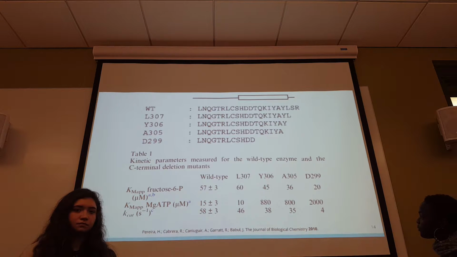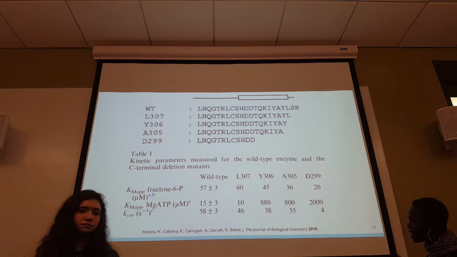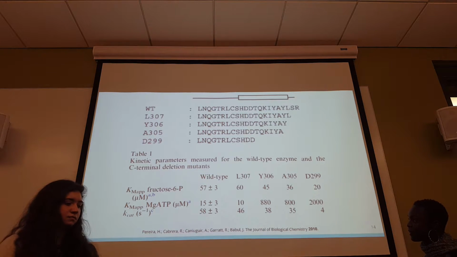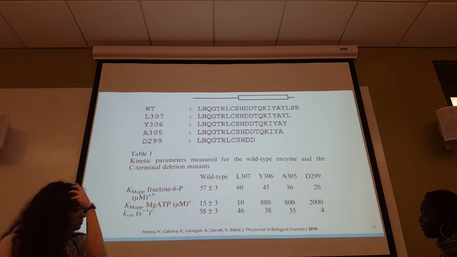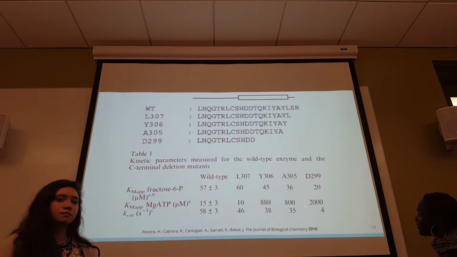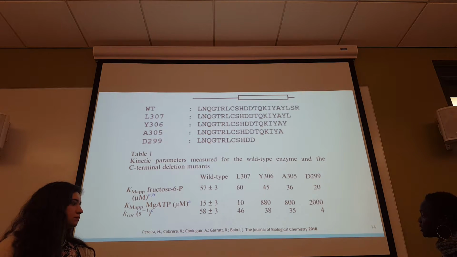The main results from the first part of the experiment showed that while the Km value, which measures affinity of substrate to enzyme, for the fructose 6-phosphate for the PFK2 essentially did not suffer any severe changes, the Km values for the macromolecule ATP, MgATP, increased significantly as the number of amino acids removed from the original sequence also increased. We see here as well the kcat values remained relatively unchanged.